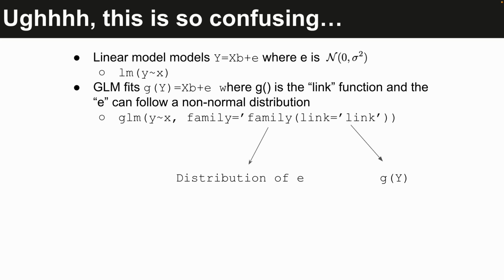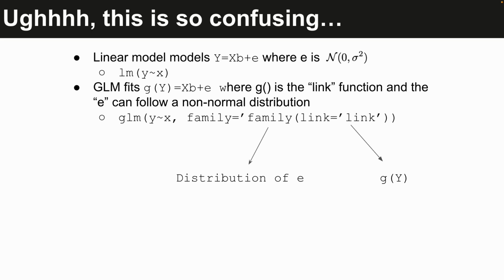For example, counts are always modeled using a Poisson or a negative binomial random variable. For continuous values, Gaussian is fine, gamma is fine, and so on. We will talk about this in the next class in slightly more detail. But this is how you specify what distribution y follows. And finally, you specify what the link function is. What is that g that you're going to model so that you can capture the entire variable?